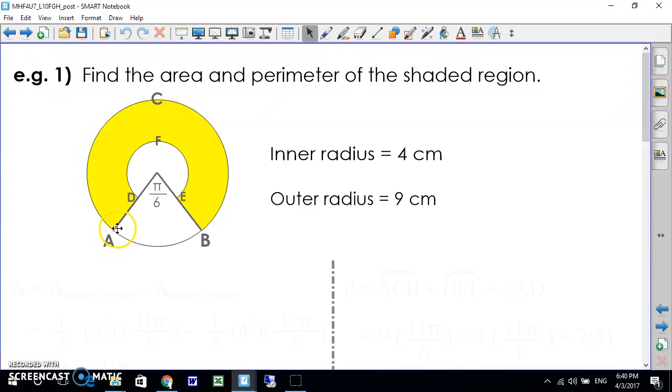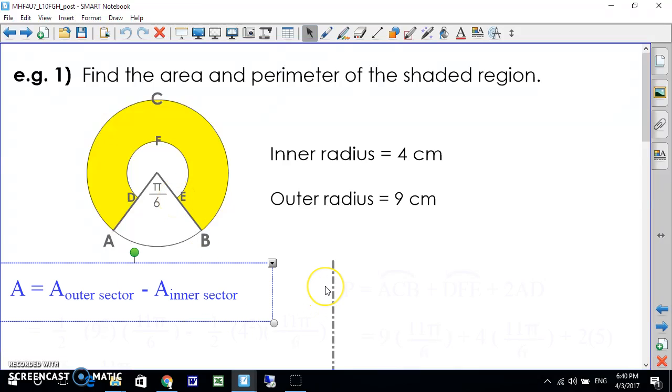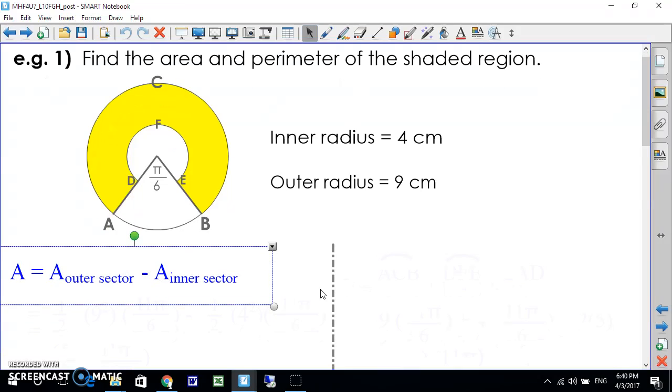We can say that the larger arc has area of A1, smaller arc has area A2. So the total area will be calculated using this word equation. And then now we're going to apply the formula. Well, how can we calculate the area of the outer sector? It is 1/2 r squared times theta.